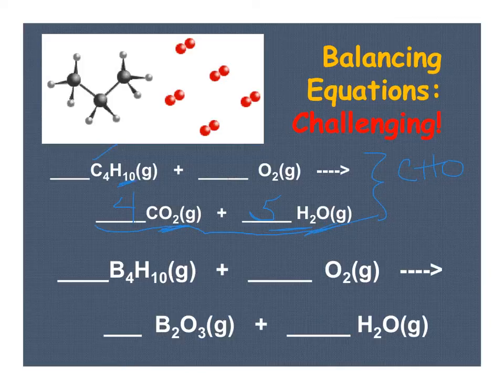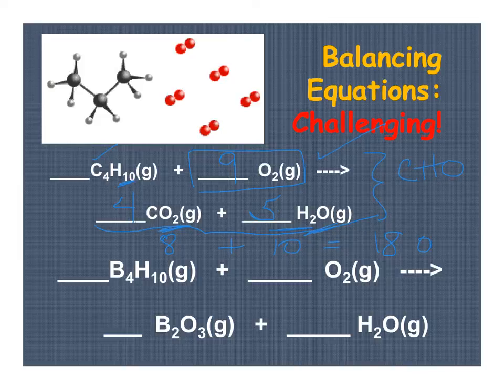So I have 4 times 2 or 8 oxygen from carbon dioxide and 5 times 2 or 10 oxygen from water. So I have a total of 18 oxygen on the product side. So in order to get 18 oxygen on the reactant side, I have to put a 9 there. That reaction's balanced. All right, the next one.